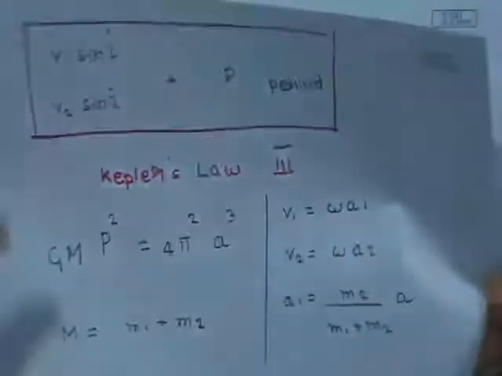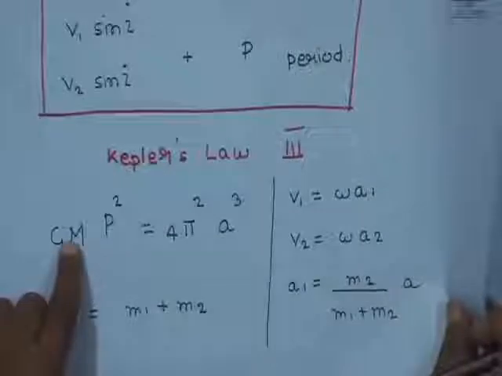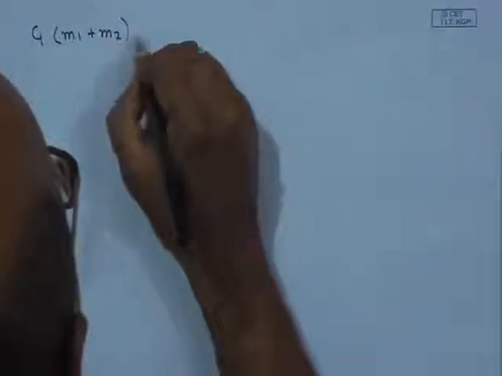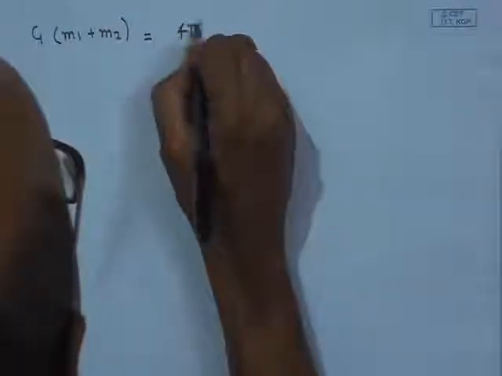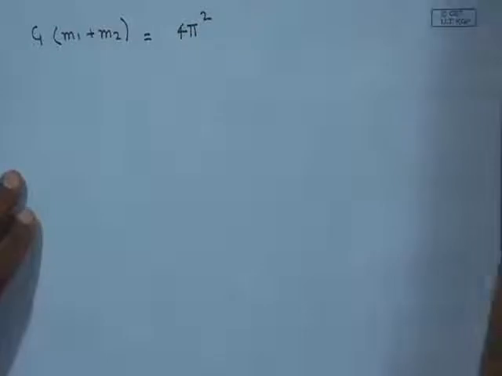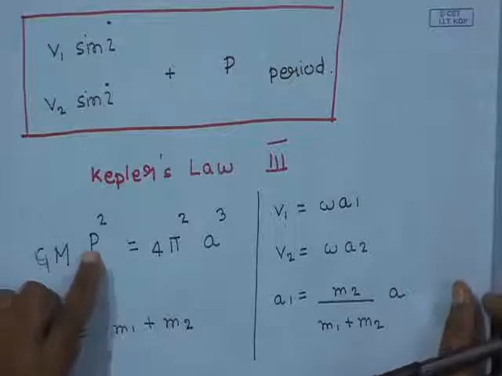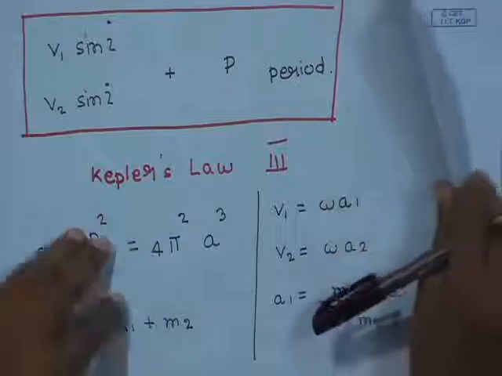So, what we will do first is write this as G M1 plus M2 into the period squared is equal to 4 pi squared. So, let me keep this here, this is equal to 4 pi square, and the period is 2 pi by omega.